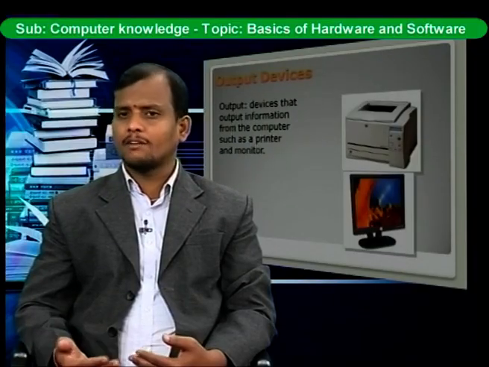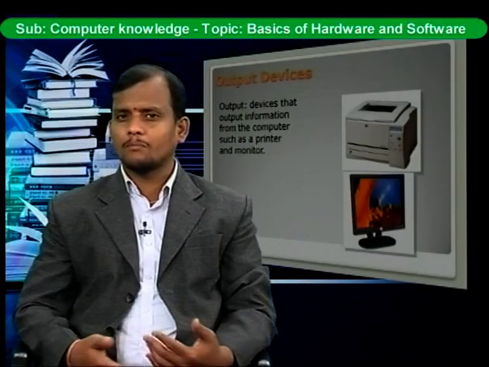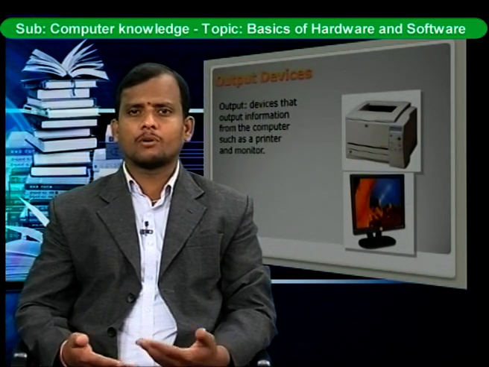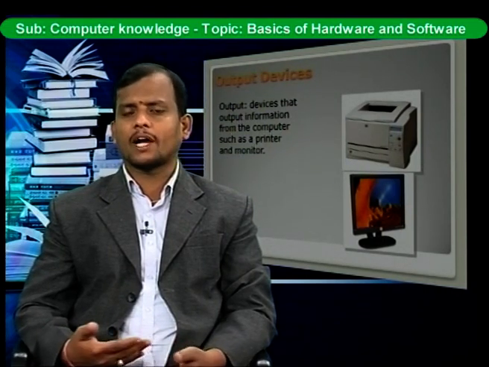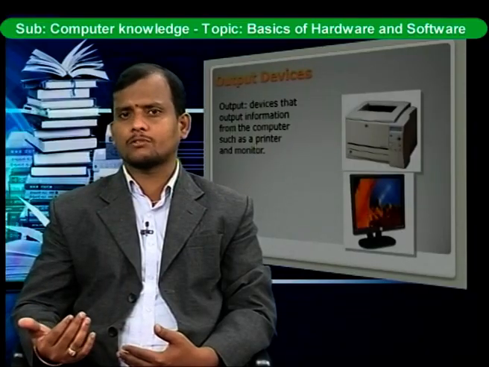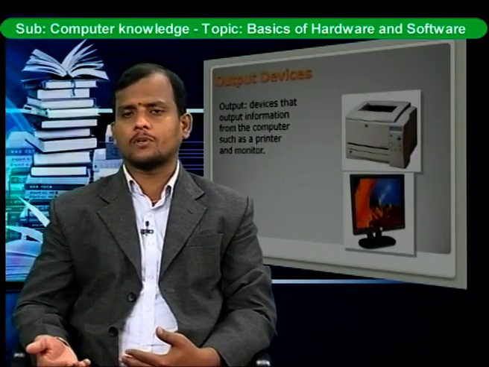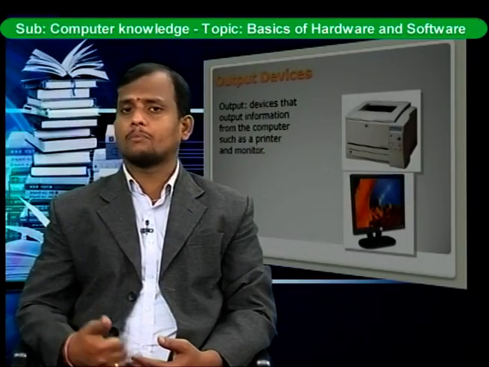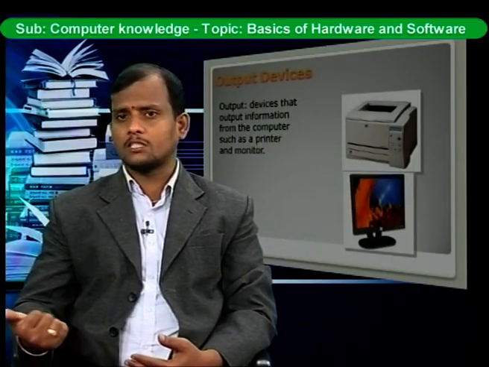So you are giving input to the computer, it does some processing in the background, and it passes the result to the output devices, like the monitor or speaker, depending on the input you give. If you want to print something, the computer will pass it to the printer, which is the output device.